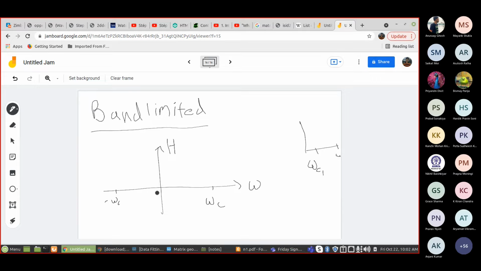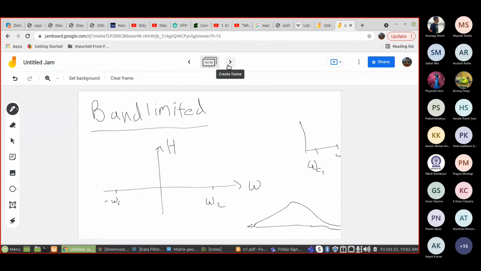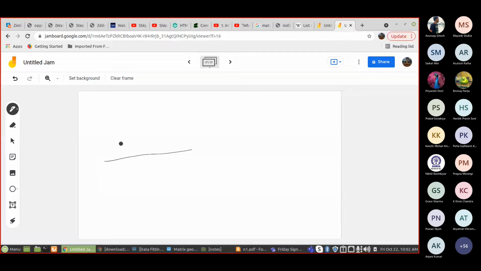Okay, so these kinds of spectra are not band limited, which decay to zero, but yes, they continue. So this is badly drawn, so let me redraw this. It can be something like this.